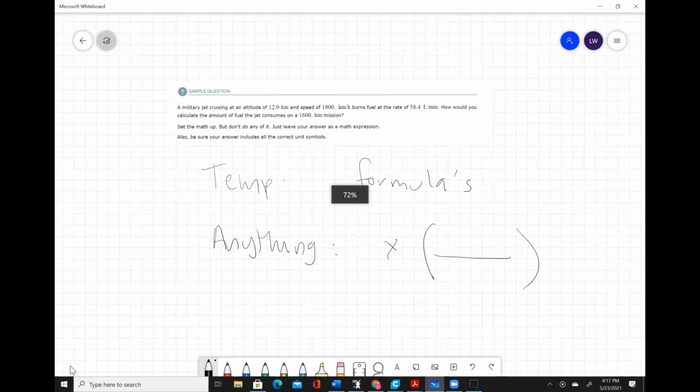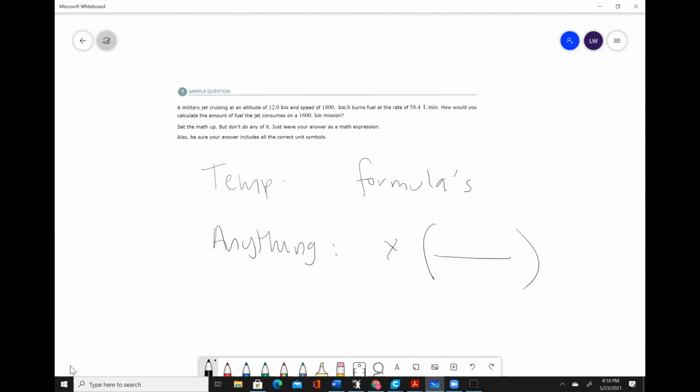So in a two-step problem, we could be using one formula and one conversion factor, or most likely what we're going to be doing is multiplying a number by two conversion factors.